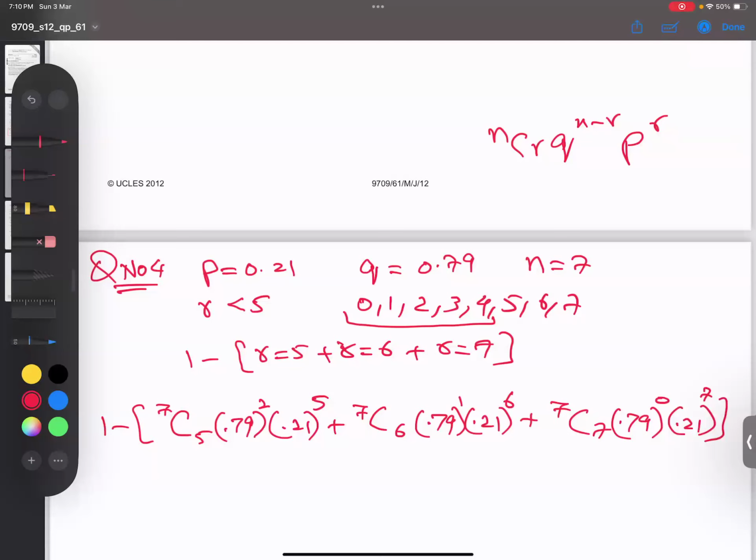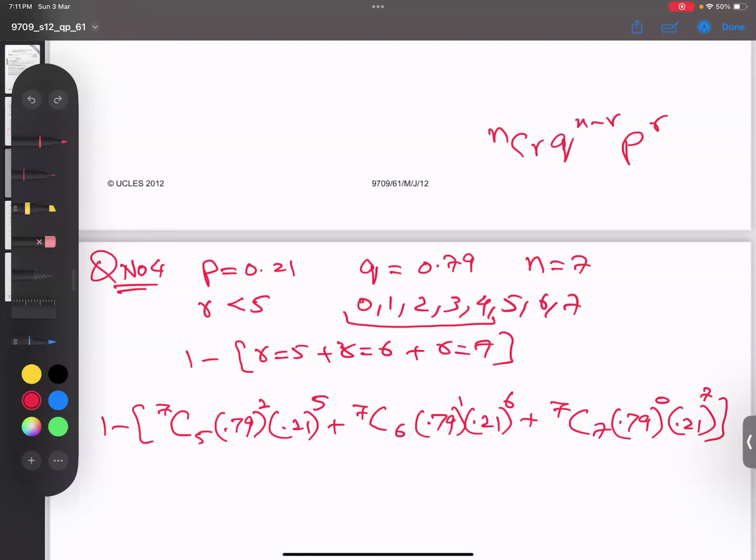So 7C5 times 0.79 to power 2 times 0.21 to power 5. Type it very carefully. 7C6 is 7, so I will not waste my time, times 0.21 to power 6, and plus 7C7 is 1, and 0.79 to power 0 is 1, so the last is only 0.21 to power 7.